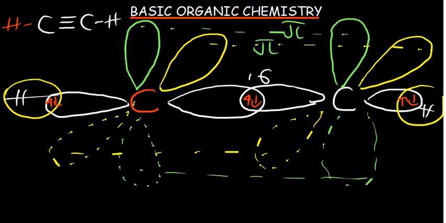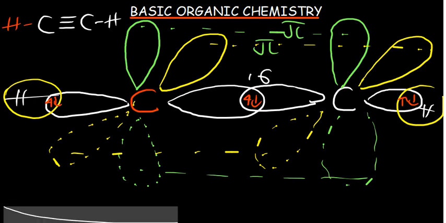Okay, so now let's move on and understand the types of carbon atoms that we're going to meet in the study of organic chemistry. Let me just create some space.